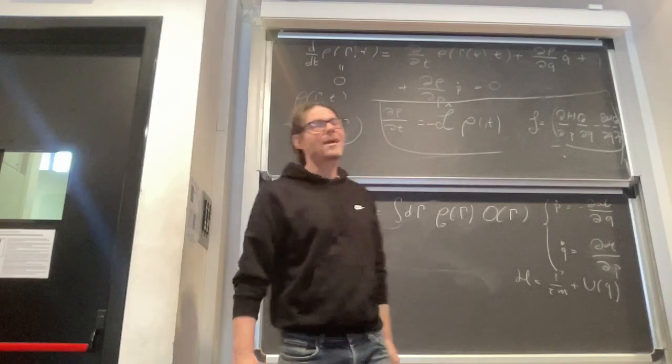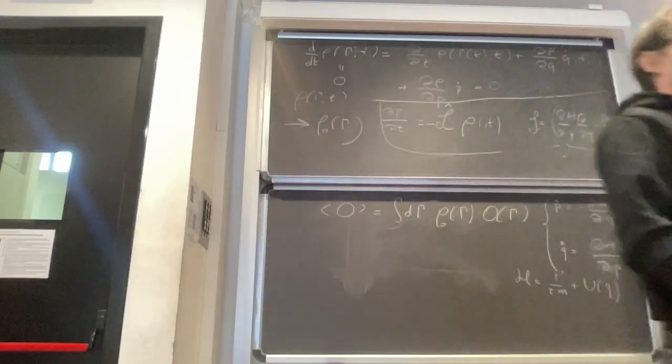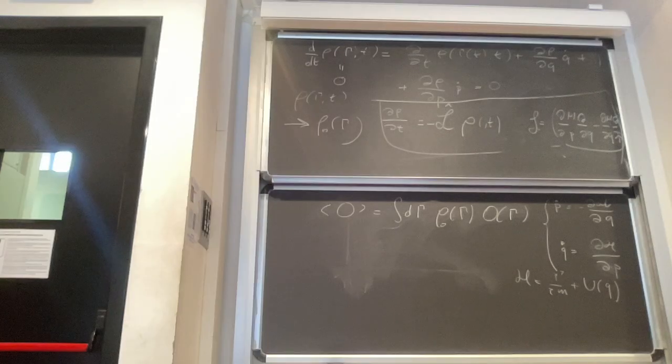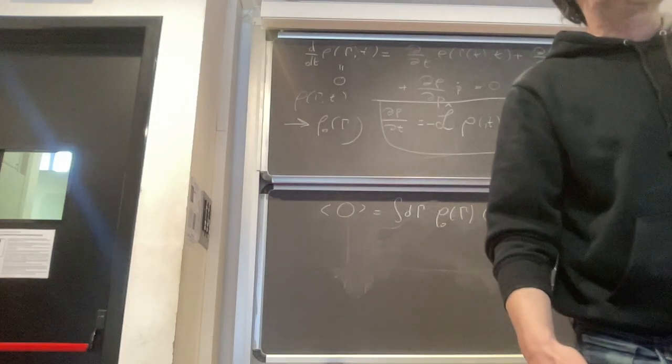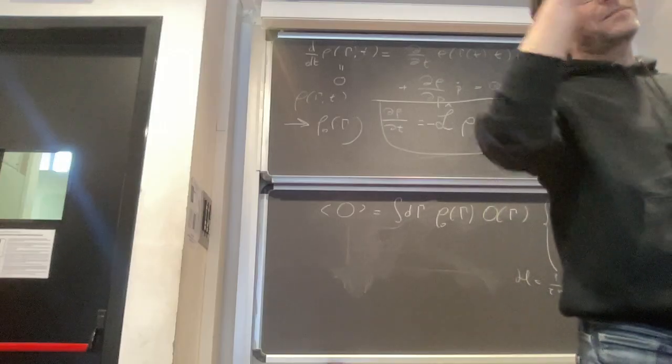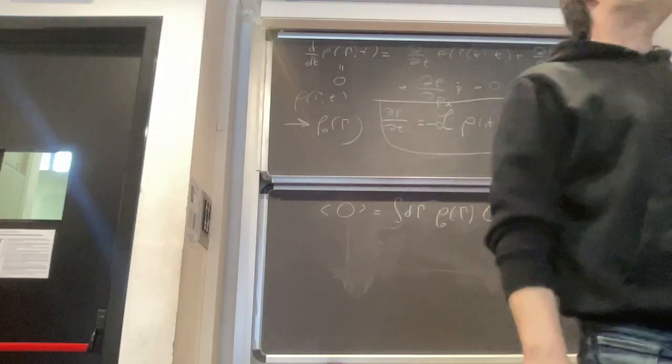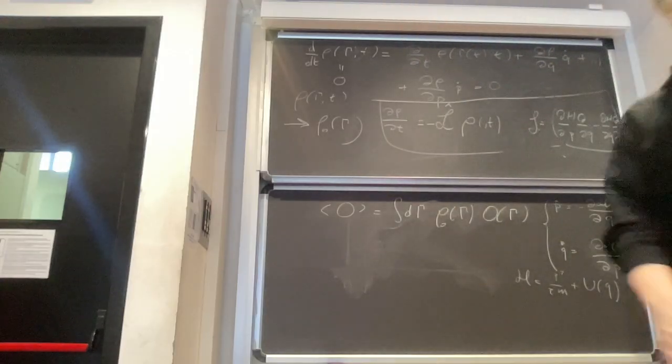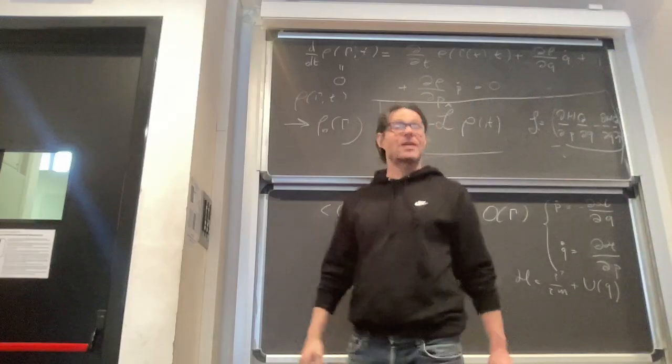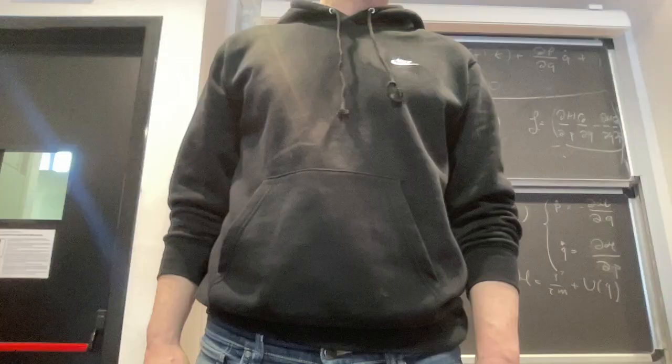So, why is this relevant? Because what molecular dynamics really does for you is getting you time averages, because you evolve the system in time. But what you're really interested in statistical physics is the Liouville's density, because that's the only thing that makes sense if you don't know the initial condition.